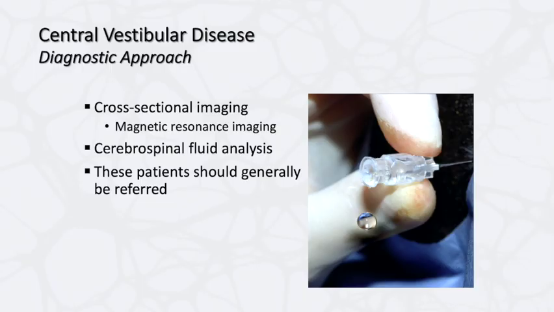So anytime you have a patient that's localized as central vestibular, we're going to recommend referral. I know that's not always going to be the case, but it's still going to be the recommendation.